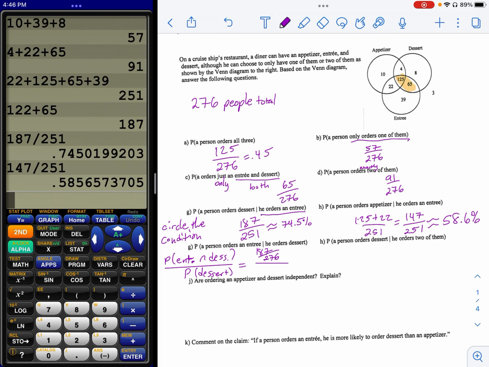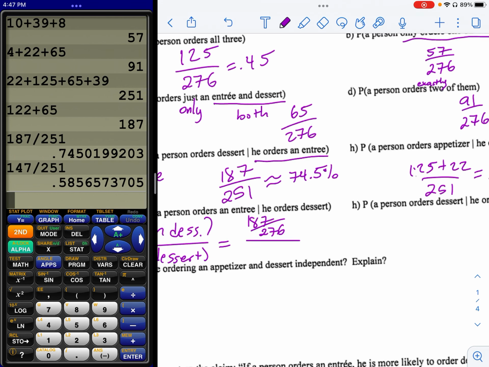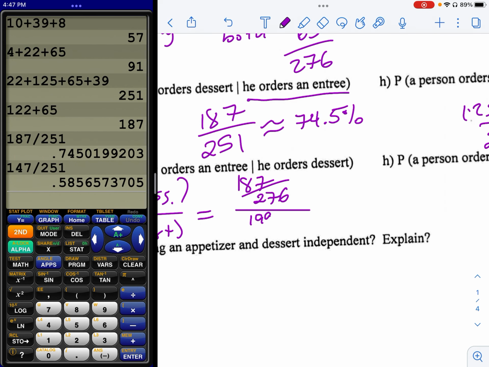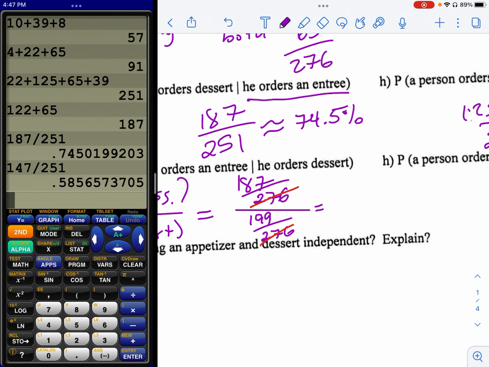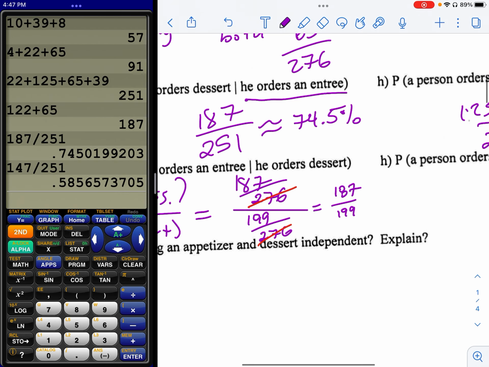For that, we have to add up the entire dessert circle. So that would be this plus this is 187 plus 8 is 195 plus 4, 199. 199 out of 276. Remember what we did in class, those cancel, and what we did in our previous lessons. So it's 187 over 199.